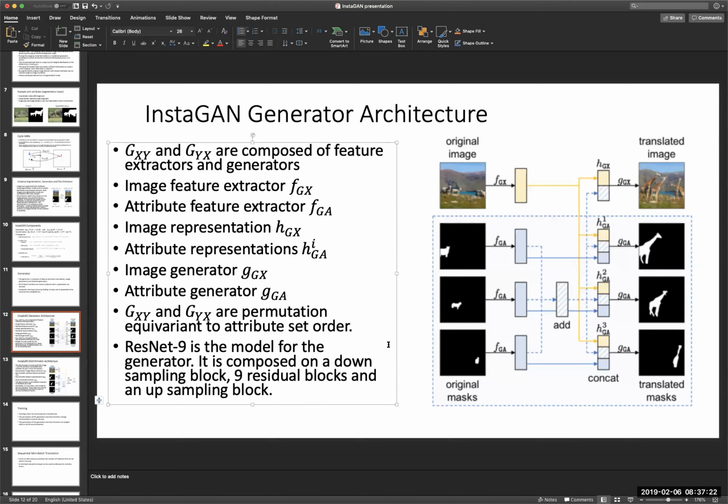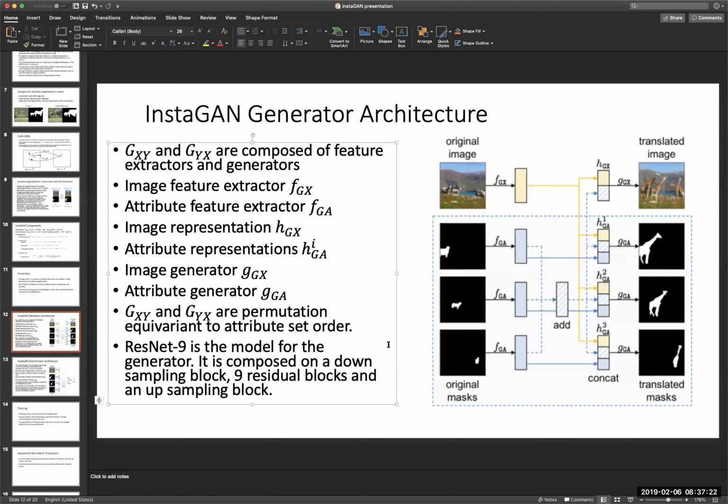So the discriminator encodes both the image and the attributes. And determines whether the pair is from the domain.